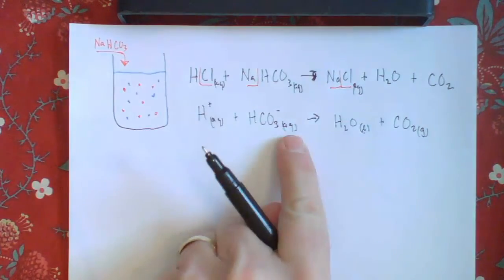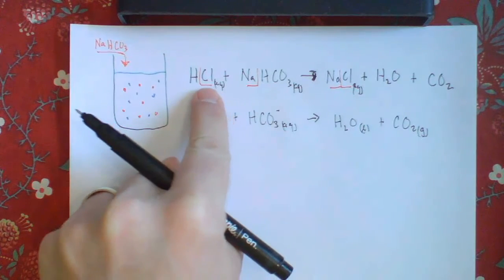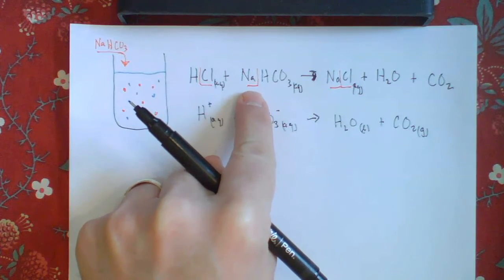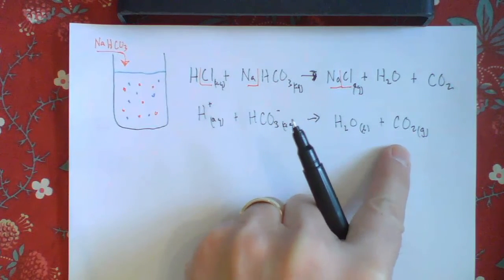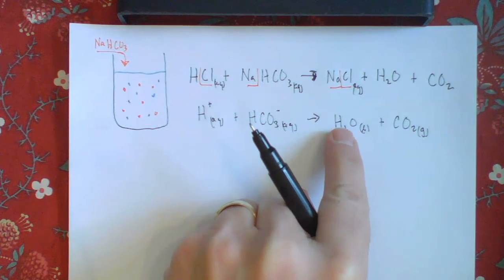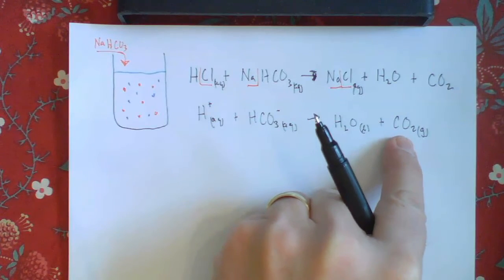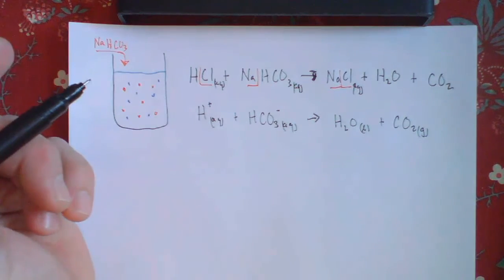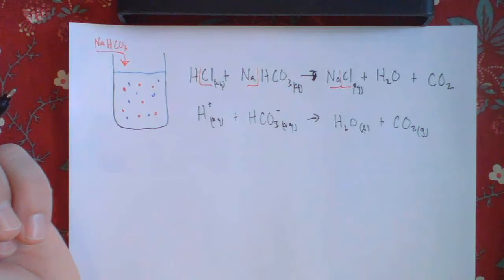And so really it didn't matter what type of an acid we used or what type of a carbonate or bicarbonate that we used, the reaction was going to proceed the same way of getting our water, which is showing the neutralization and making some CO2 gas, which would come off in this reaction. So that's kind of what we'd expect to see with this.